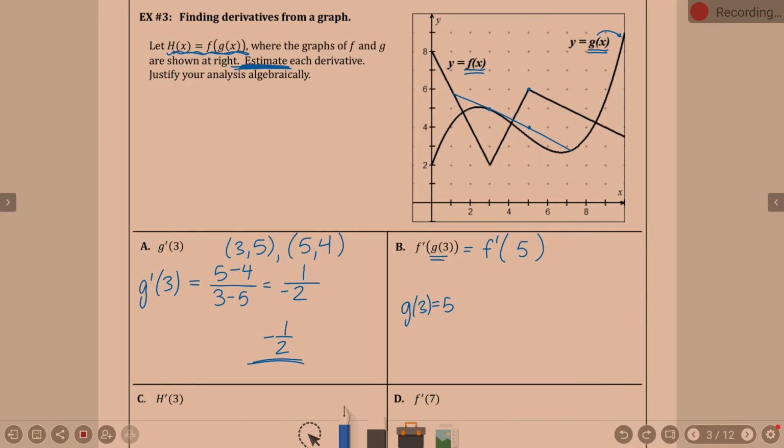Non-differentiable. We've got a sharp corner, yes? And so what do we know about f prime of 5? Does not exist. Okay? And I'm going to write non-differentiable due to sharp corner.